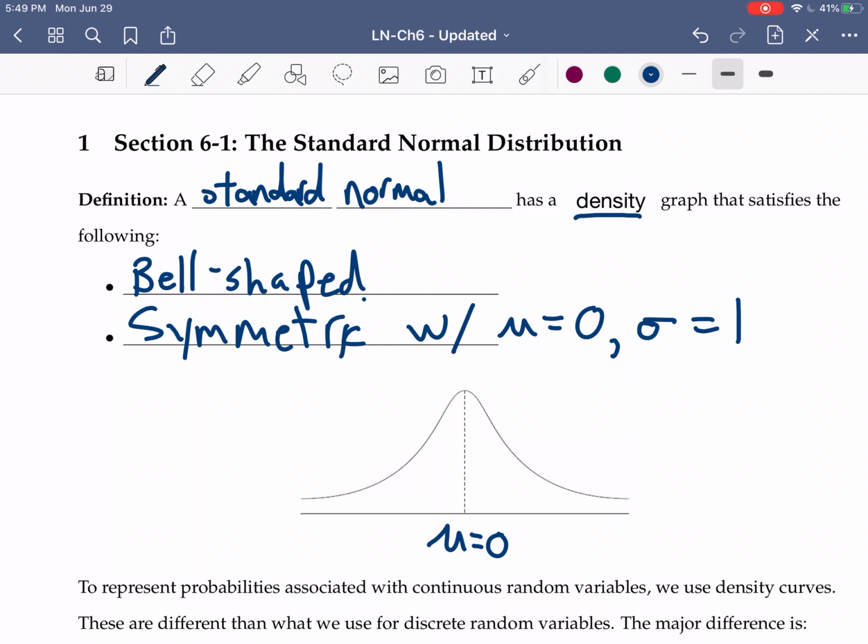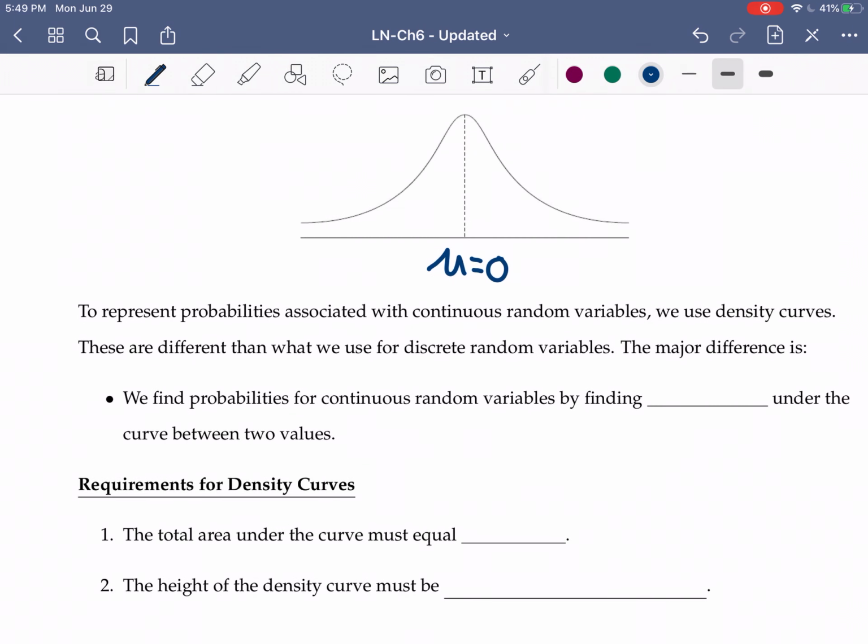So let's take a look at some things. To represent probabilities associated with continuous random variables, we use density curves instead of a probability distribution. And so these are going to be different than what we use for discrete random variables.